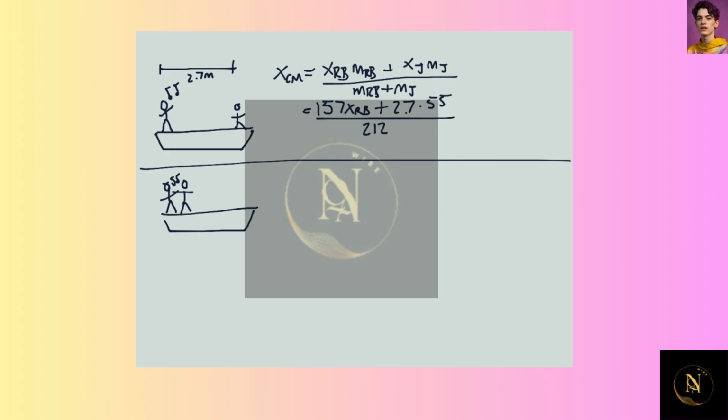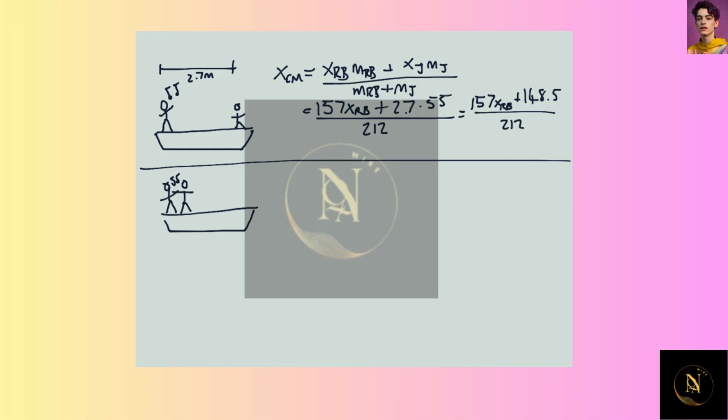And then we can simplify this by multiplying the 2.7 by the 55, and we end up with 157 XRB, the position of Romeo and the boat, or the center of mass of those two objects, plus 148.5 divided by 212. Now we can't solve this as is because there are two unknown variables in this equation.